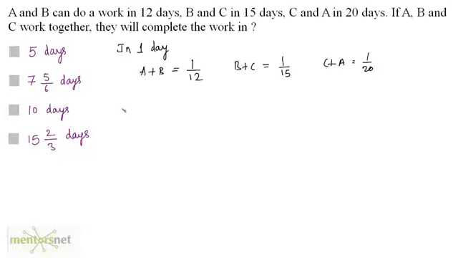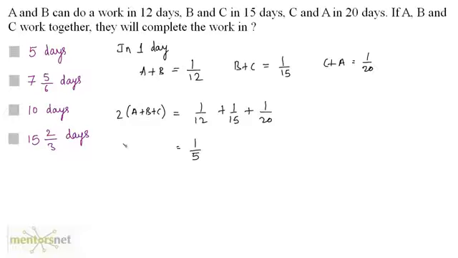Right. Now what we want is the total work done by A, B and C in one day. Well, let us add all of these terms first. What you get on the right hand side is 1 by 12 plus 1 by 15 plus 1 by 20. On the left hand side, what you get is twice of A plus B plus C. Isn't that true? Yes, that is. So this is twice the work done by A, B and C in 1 day, and that's going to be 1 by 5.